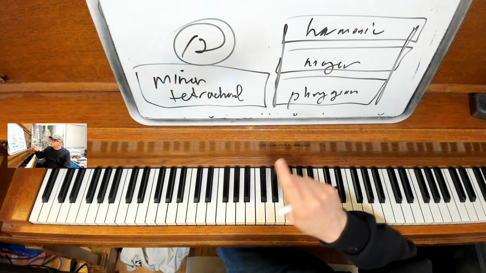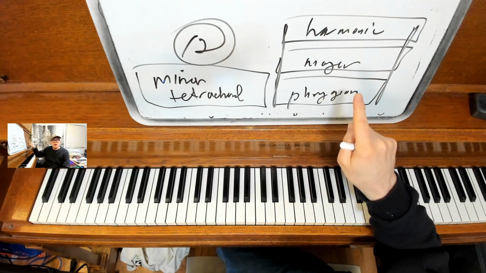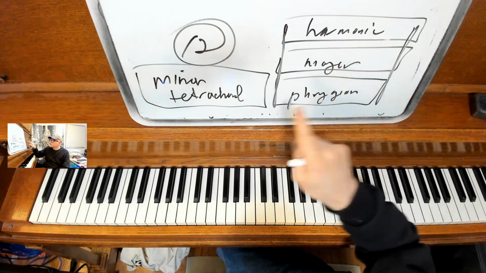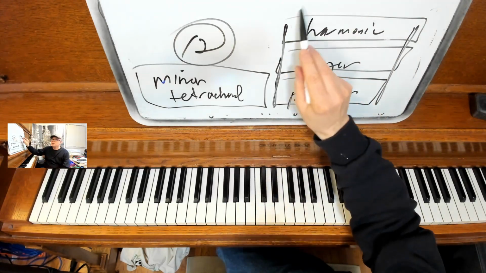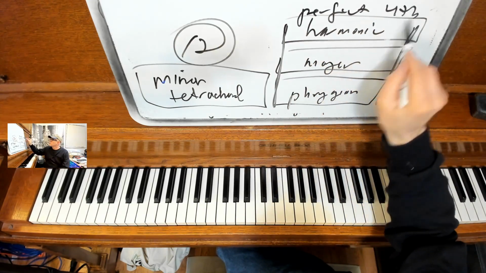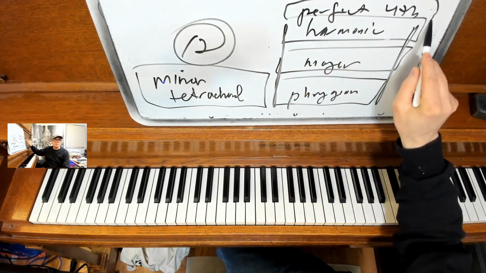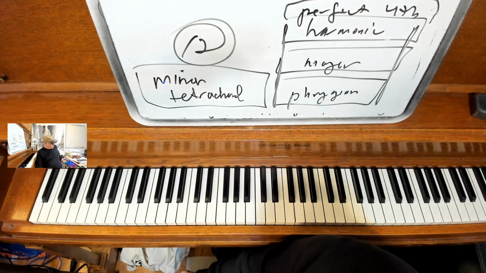And there are 12 major tetrachords, there are 12 Phrygian, there are 12 harmonic, there are 12 minor, but they all have something in common. They're all bound by that perfect fourth, okay? And then you start to put them together like Lego, okay?